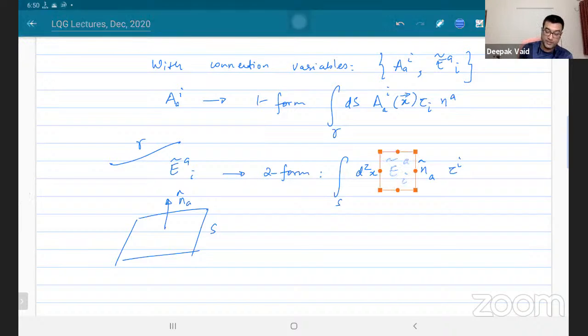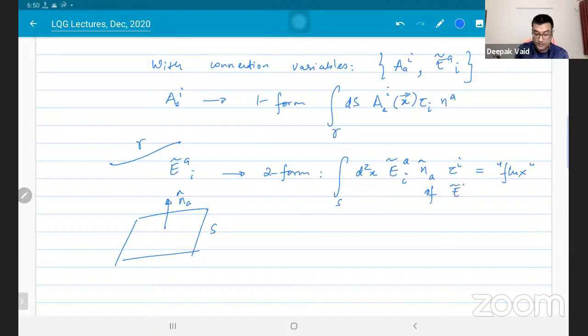So you're integrating the two form over the two-dimensional surface. This is the same thing, right? So you can call this the flux of this quantity through the surface S.